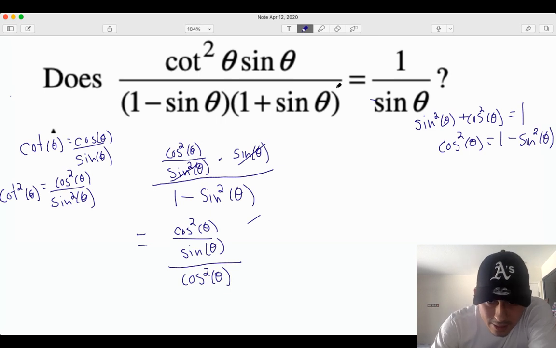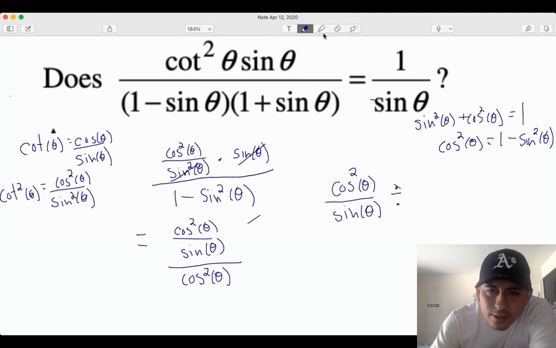All right, so this is the expression that we're left with: cosine squared of theta divided by sine of theta, divided by cosine squared theta.